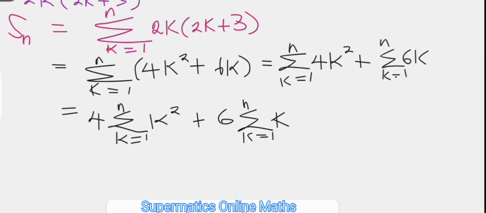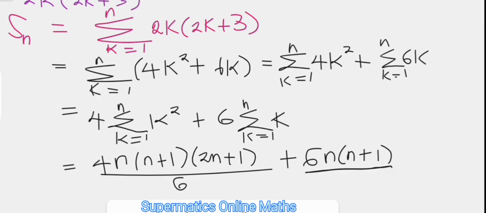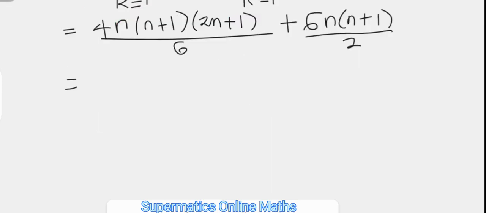And applying the sum identity, we have Sn equal to 4n times (n plus 1) times (2n plus 1) over 6 plus 6 times (n plus 1) over 2.